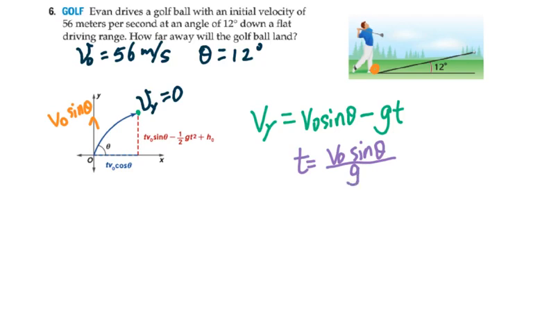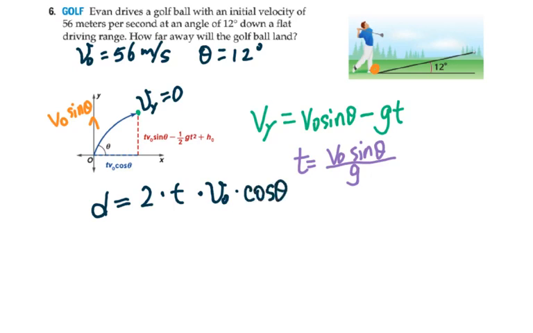Then how far away will the golf ball land? Suppose it is d. It will equal 2 times t, then times the original speed times cosine theta.